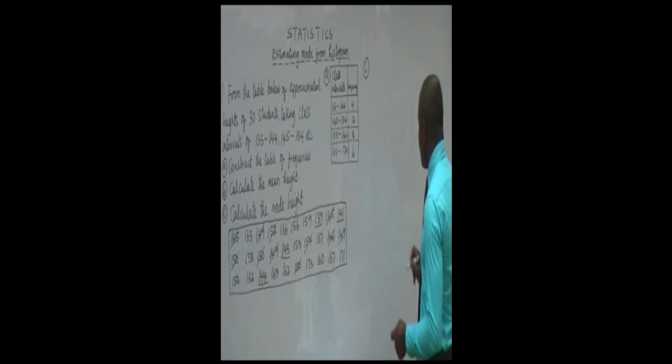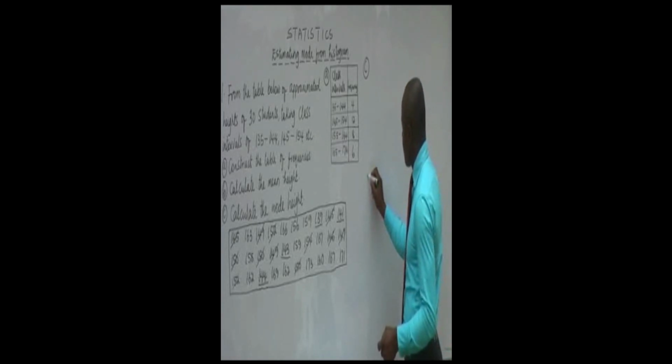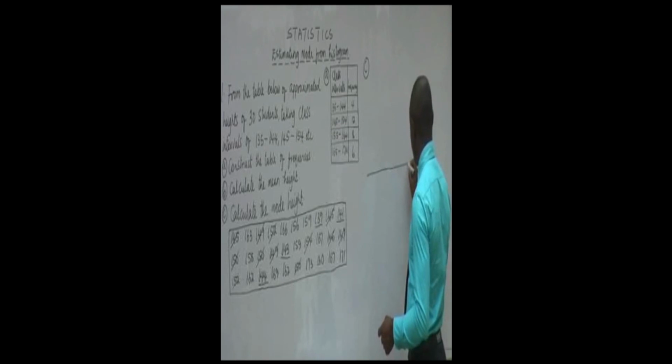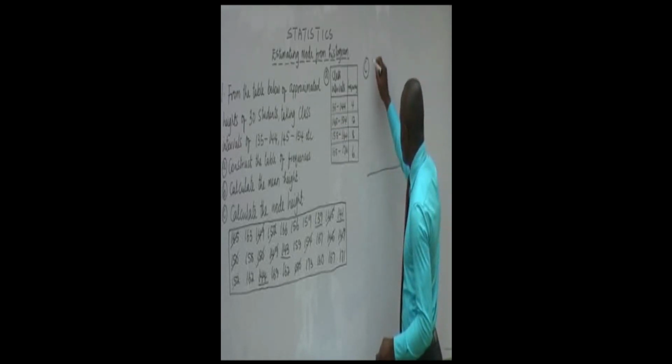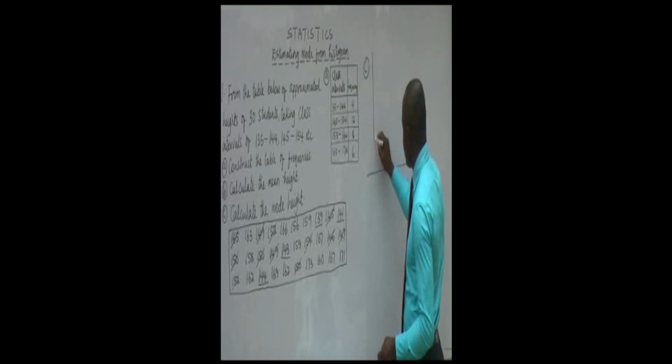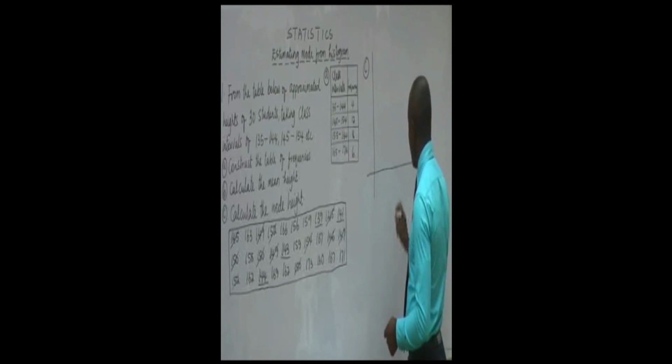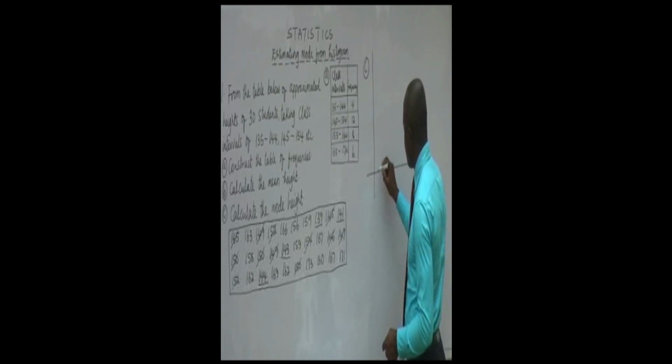So, had it been, for instance, this is your graph. You plotted your graph and you got your histogram, and your histogram is in this form, for instance. You know that a histogram does not leave space in between the bars.